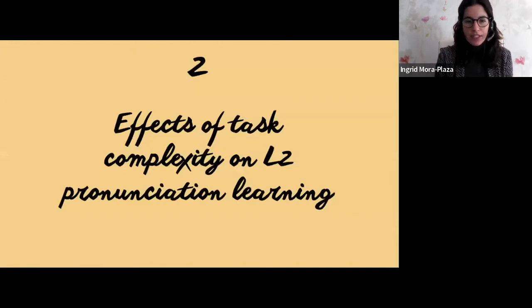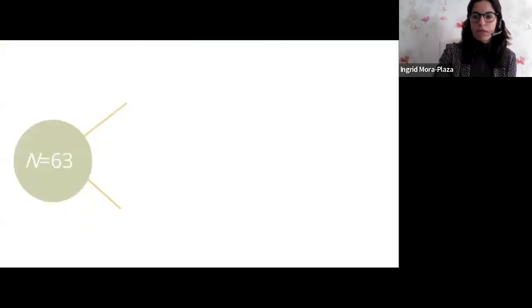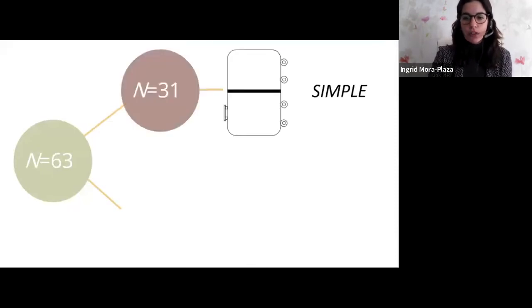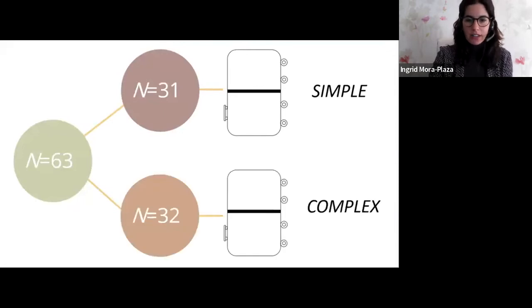So the second research question of my study explored the effects of task complexity on L2 pronunciation learning. So for this, we divided the group into two. One group did cognitively simple tasks, and another group did cognitively more complex tasks.